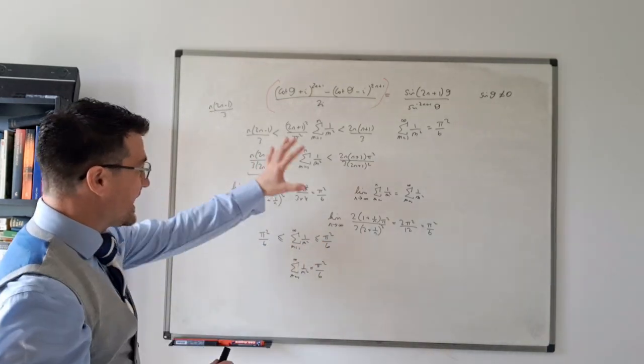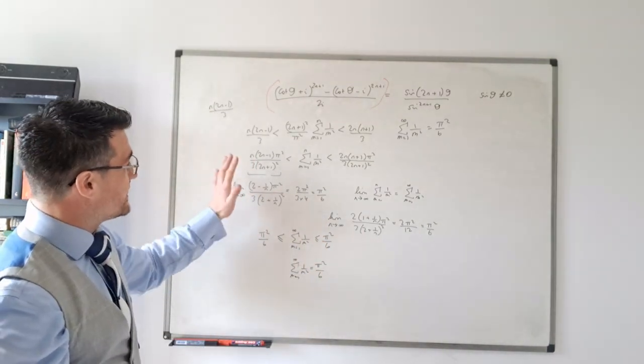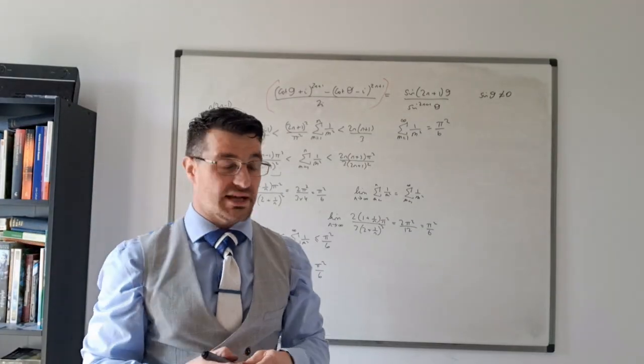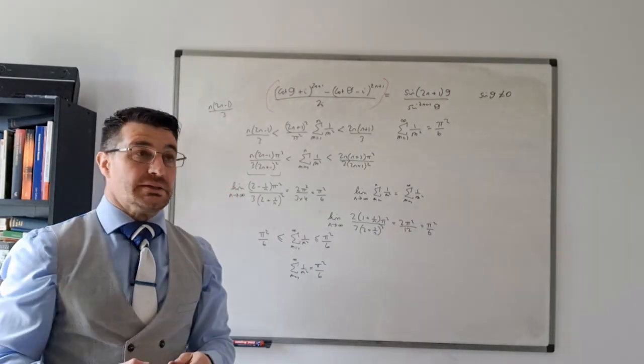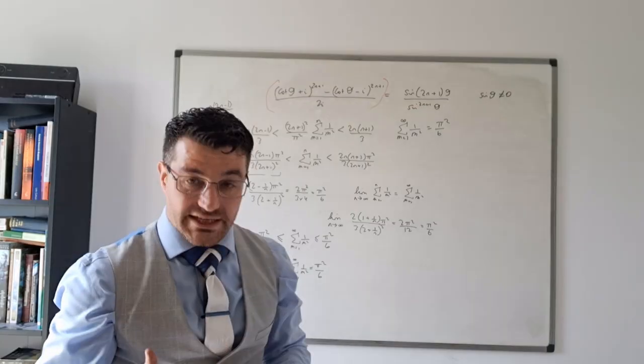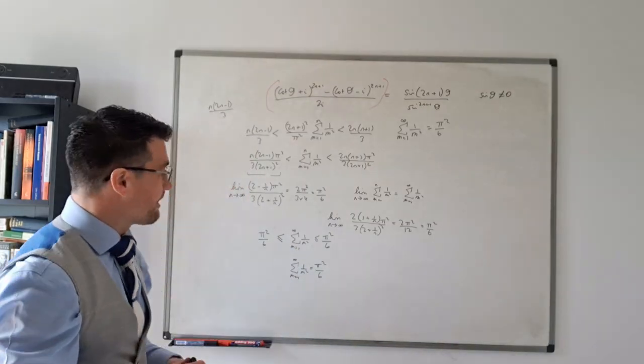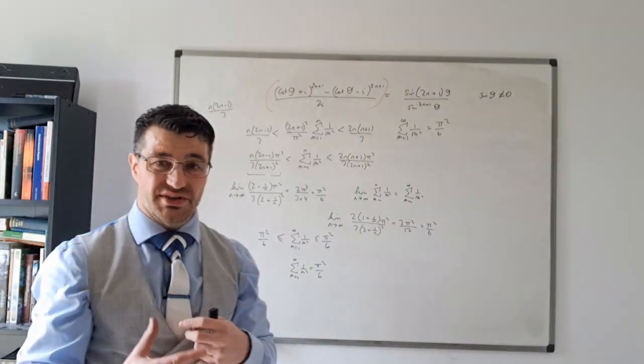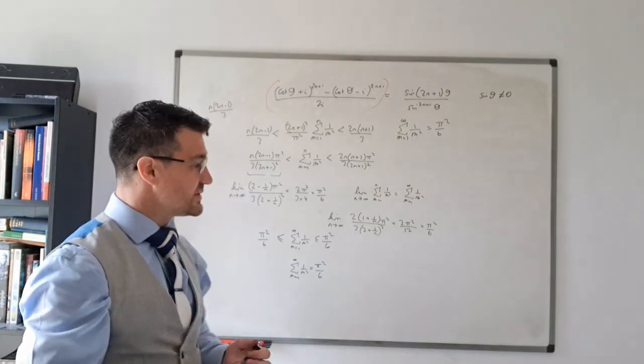So that's the idea that's going on here. And that's it, okay? Again, you've got to show all this fairly explicitly. You've got to make sure that your logic is fairly sound.